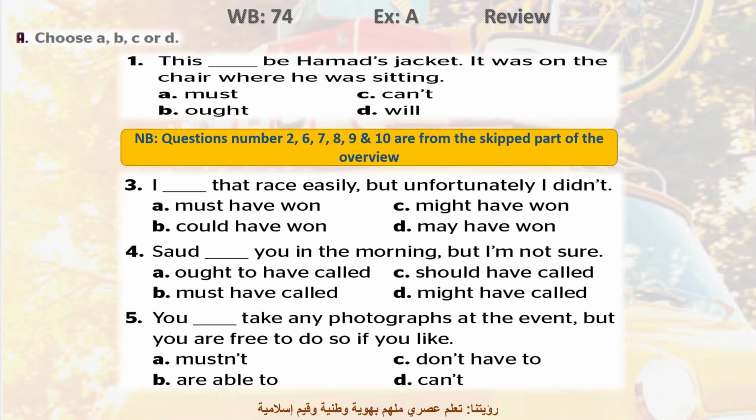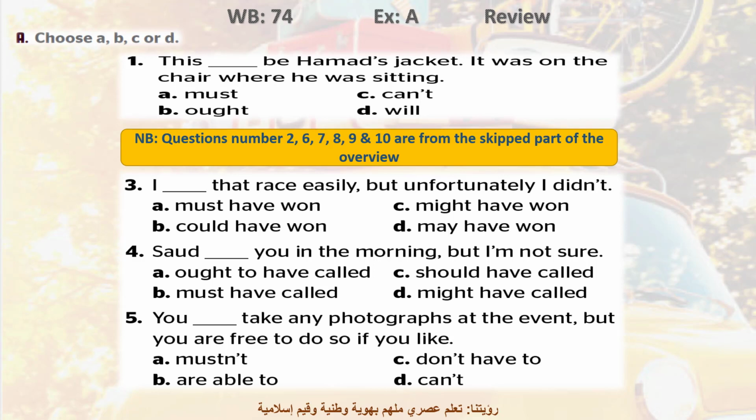As usual, and because this lesson is only a review, I'll ask you to pause the video and try to do the questions yourself. But notice that questions number 2, 6, 7, 8, 9, and 10 are from the skipped part of the overview. يعني الأسئلة 2 و6 و7 و8 و9 و10 من الأجزاء الملغاة من المنهج.